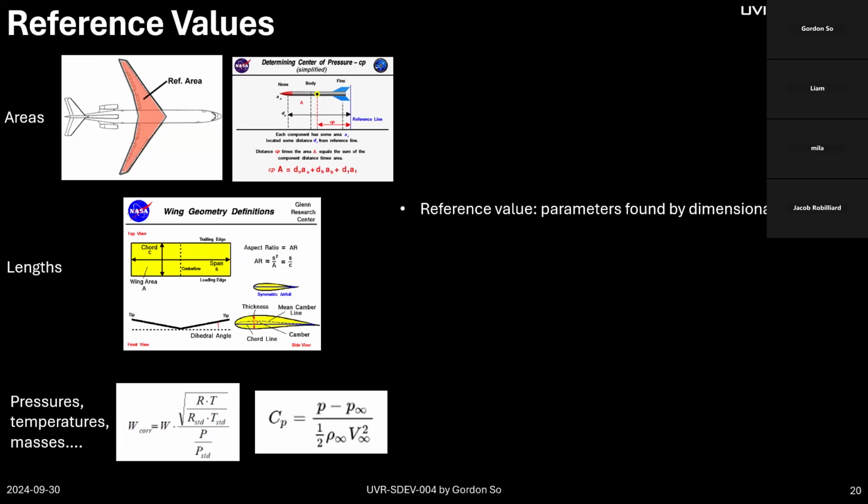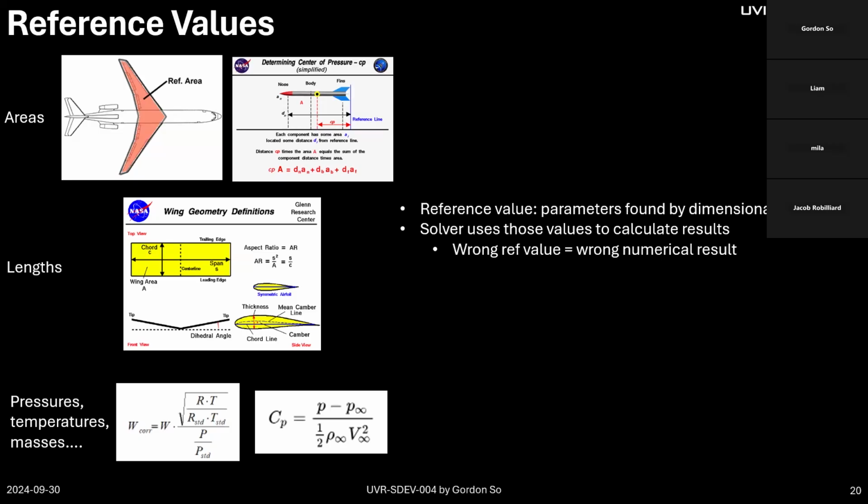So that's a measure of a coefficient to indicate if an area has higher pressure than your free stream domain. And then that one is just a corrective flow in a compressor. So make sure you know what kind of reference value you need, because your software actually uses this value to compute a result, which you may do the wrong thing.